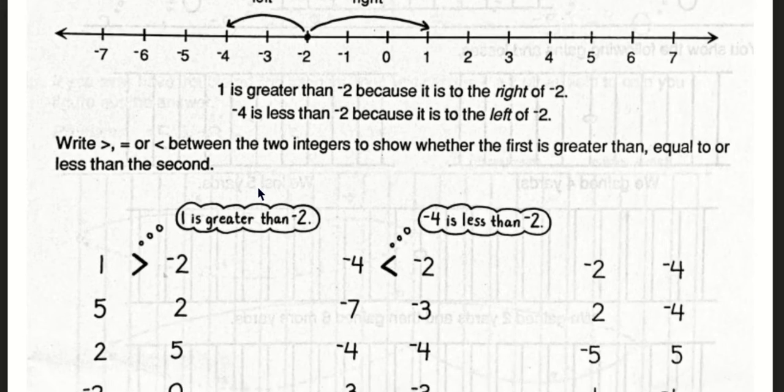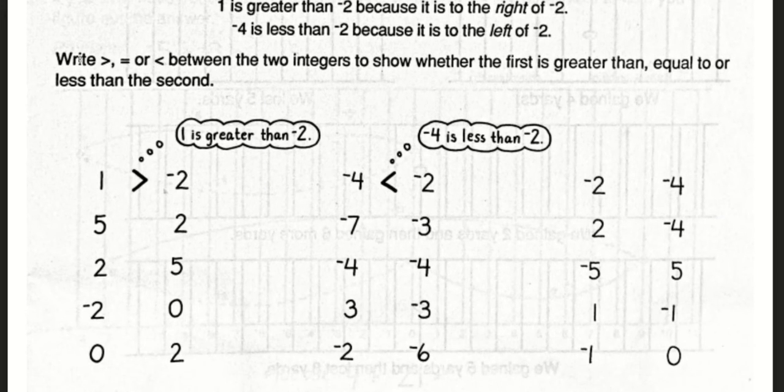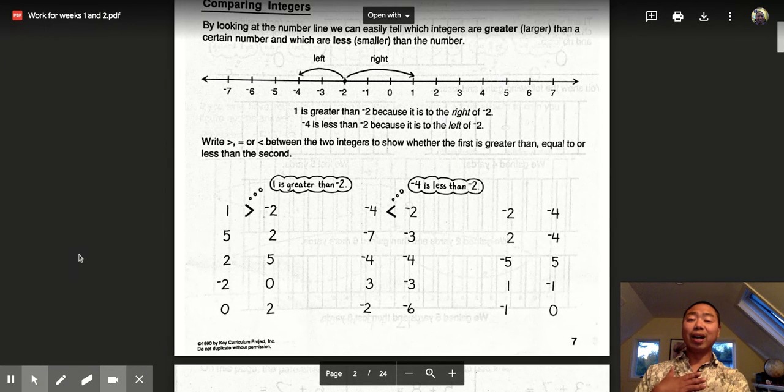All right? And it says here, read with me, write greater than, equals, or less than between the two integers to show whether the first is greater than, equal to, or less than the second. The way I learned it when I was a little kid is to use the shark analogy.